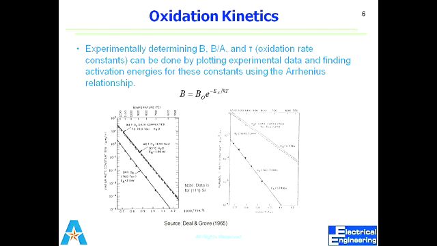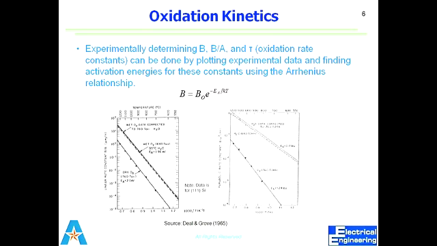Okay, in order to find out these parameters, B or A, it actually follows the Arrhenius relationship, that is B is equal to B naught e raised to the power minus EA over KT. T is the temperature, K is the Boltzmann constant, that value is fixed.